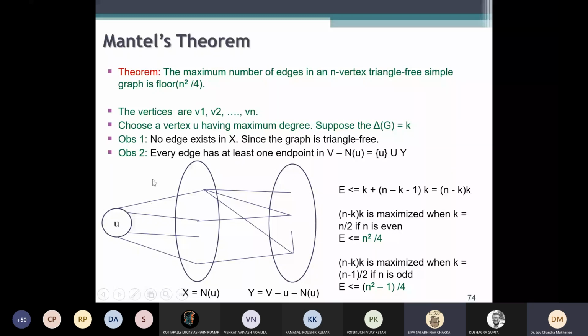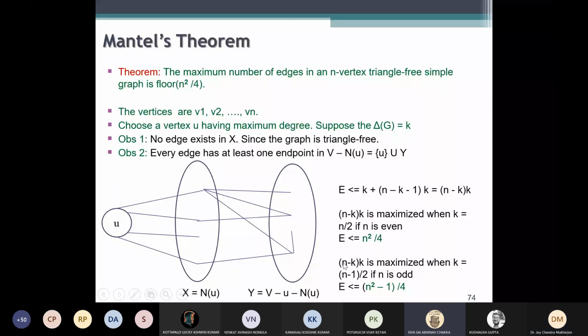Now this set is basically the set of vertices which are neighbors of u. That is, X equals N(u), the set of vertices which are neighbors of u, and all other vertices are in this partite Y. Okay, so y में कौन सा vertex रहेगा? Capital V, the total set of vertices, minus u and minus the neighbors of u. Okay, so that is how we create this graph.